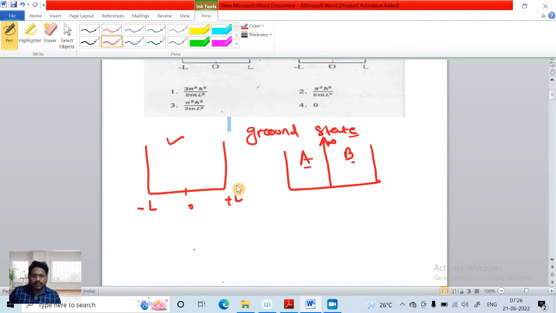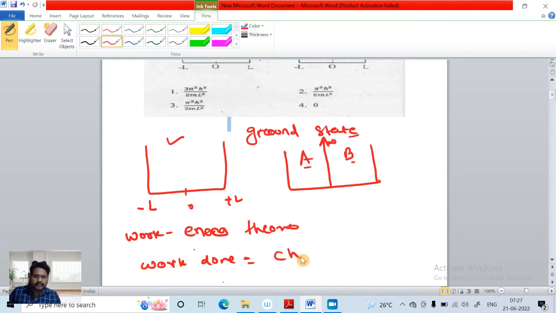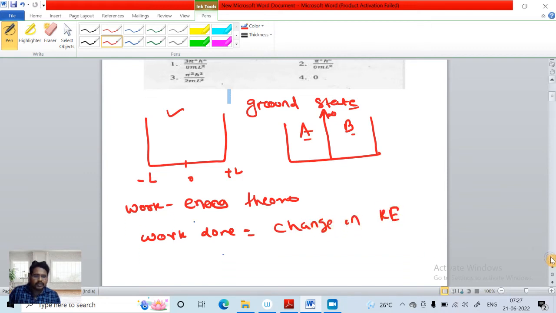We know from the work-energy theorem that the work done is nothing but the change in kinetic energy. Here the potential inside this box is set at 0, so the total energy is actually the kinetic energy.